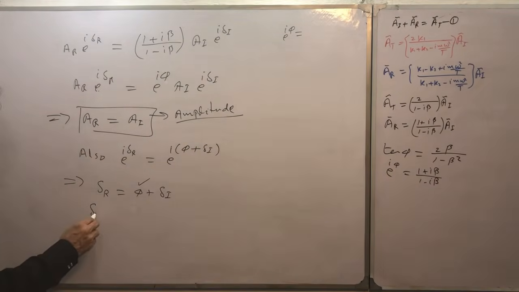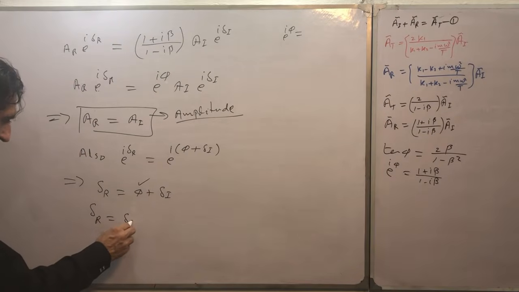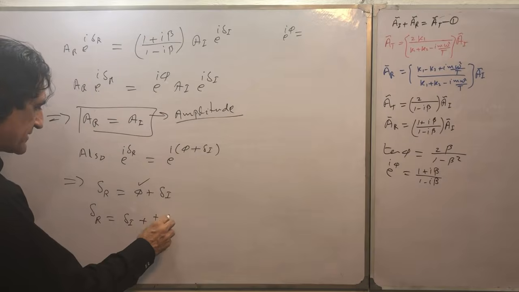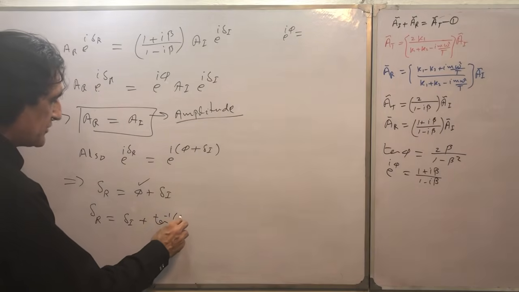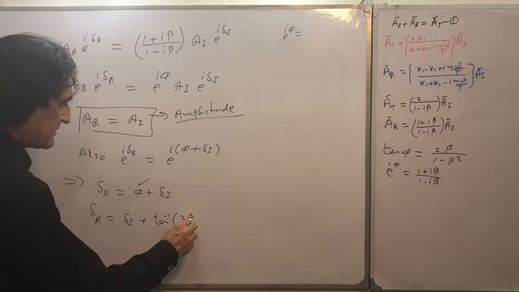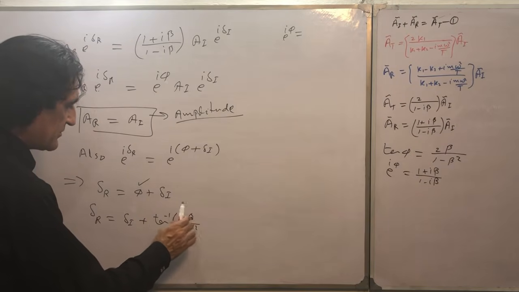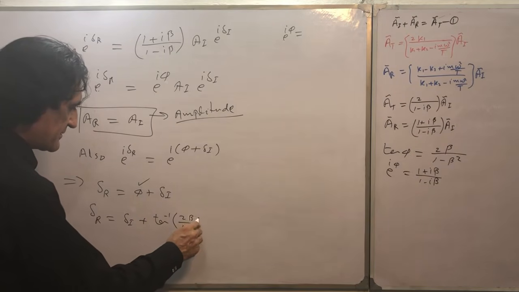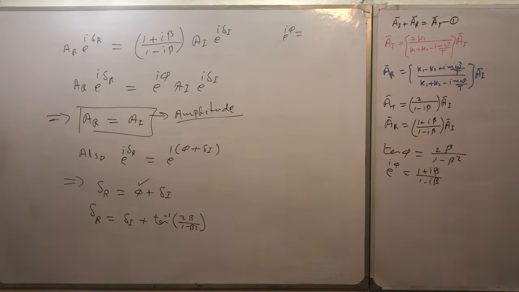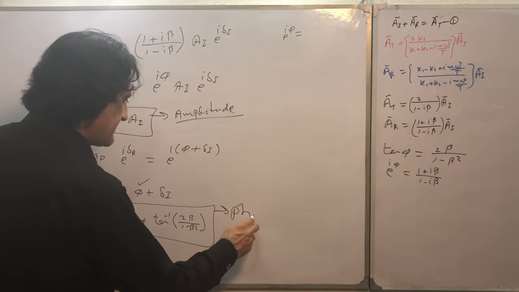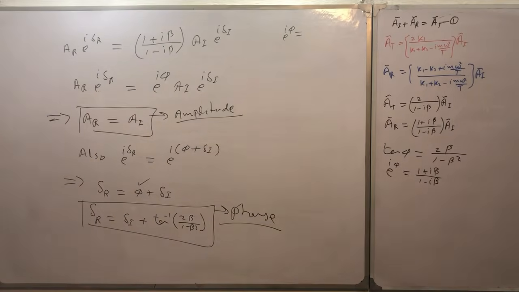Then delta r is equal to delta I plus tangent inverse of 2 beta divided by 1 minus beta square. And this is the phase of the reflected light.